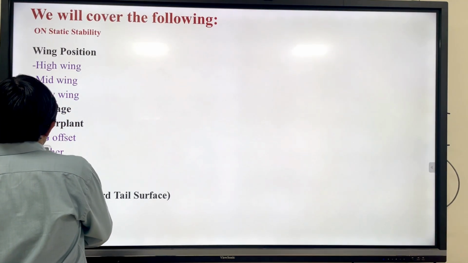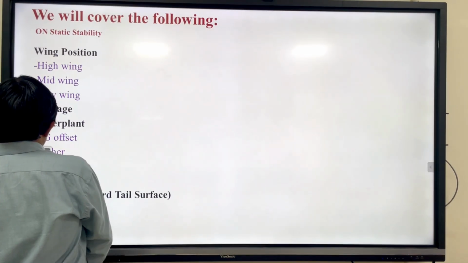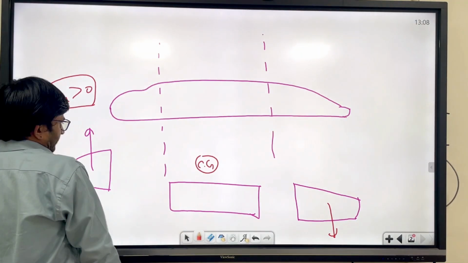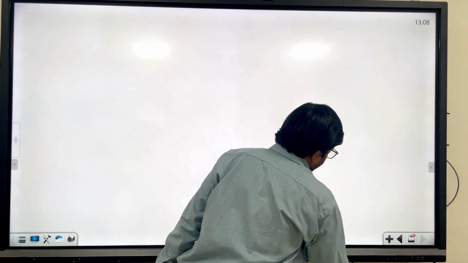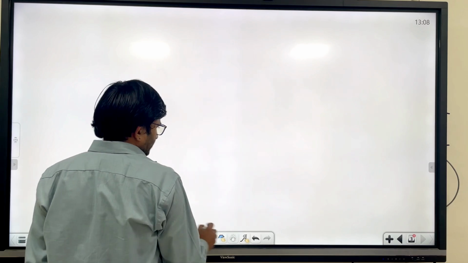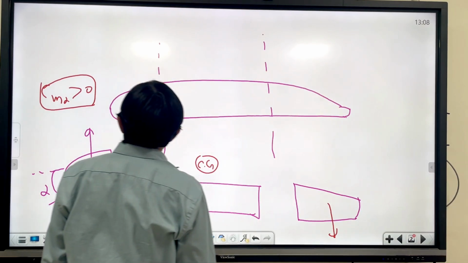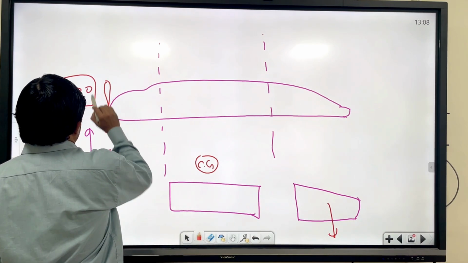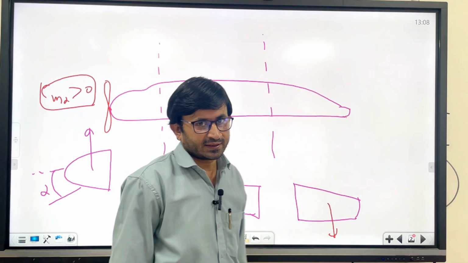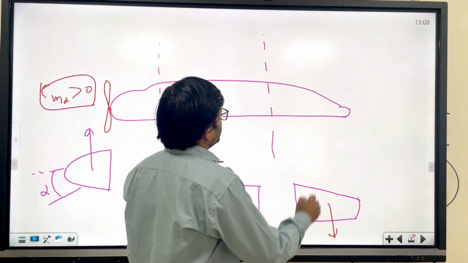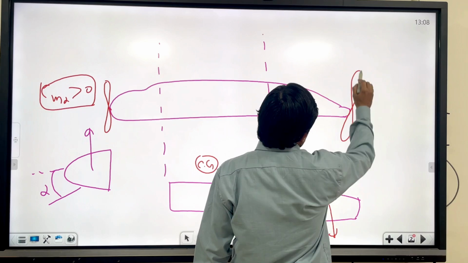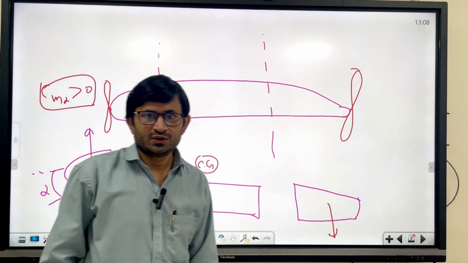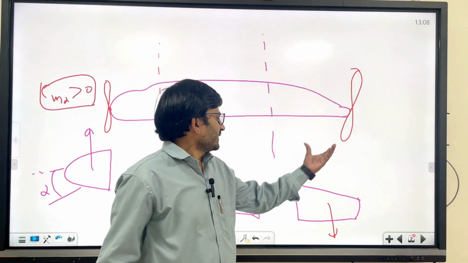And consider the power plant part. There are two types of configuration. Let's say this is a fuselage: if you put the propeller this side, this is called tractor type, and when you put the propeller this side, this is called pusher type. And the CG is somewhere else.